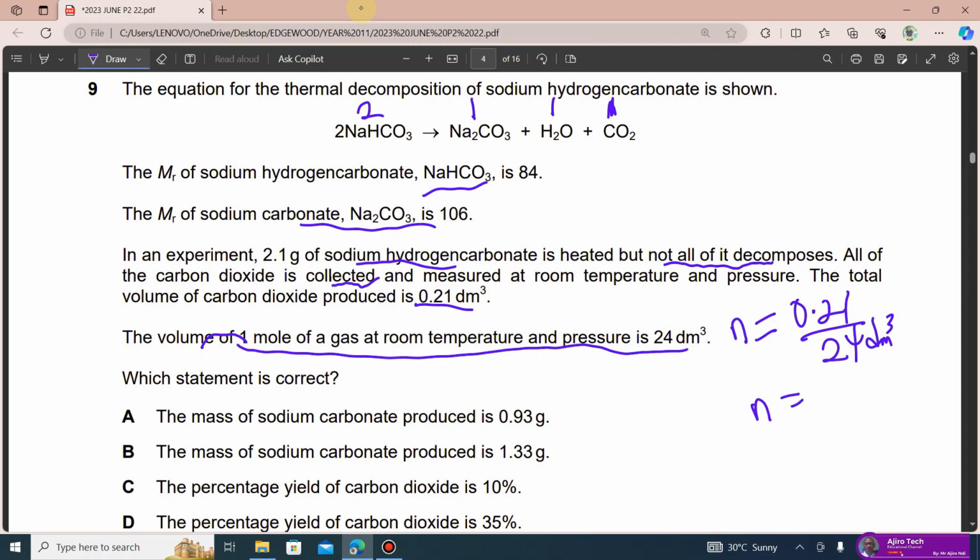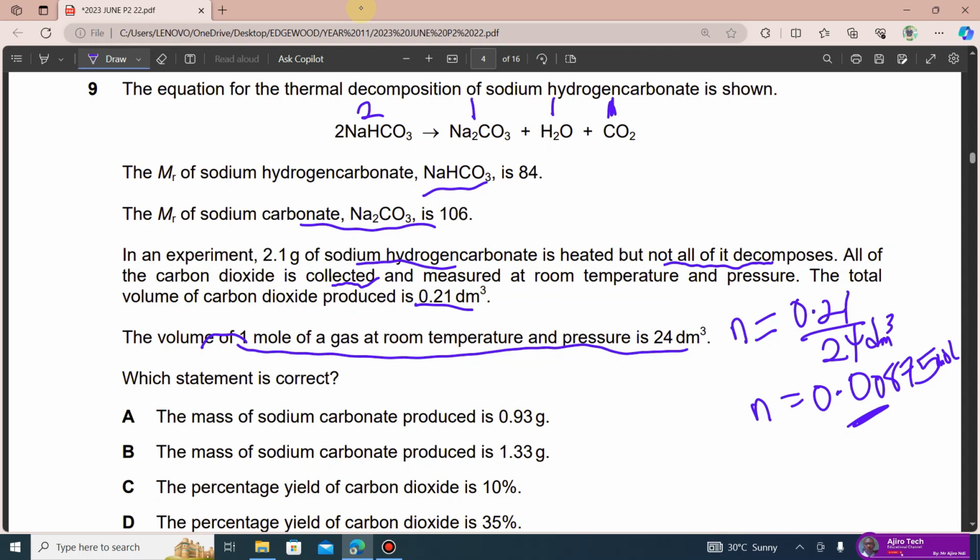So if you use the calculator, 0.21 divided by 24 gives 0.00875 mole. So this is the number of moles of the gas that is produced, that was collected completely.